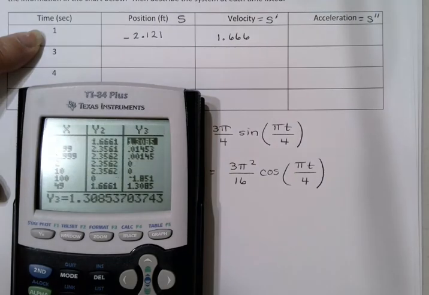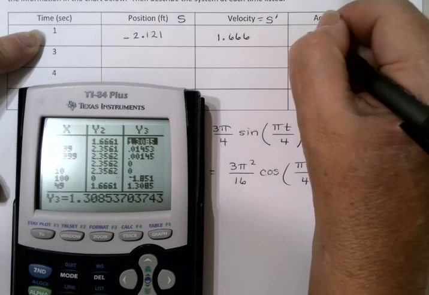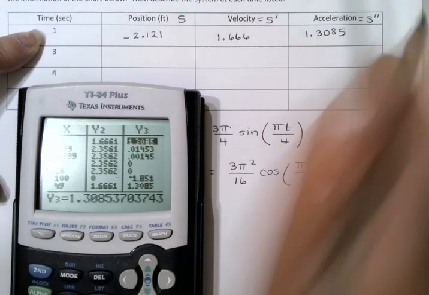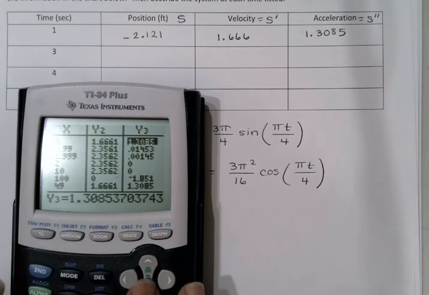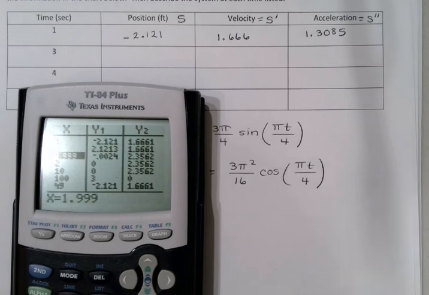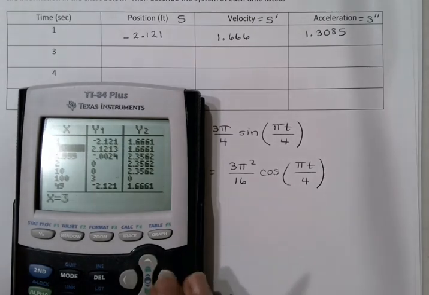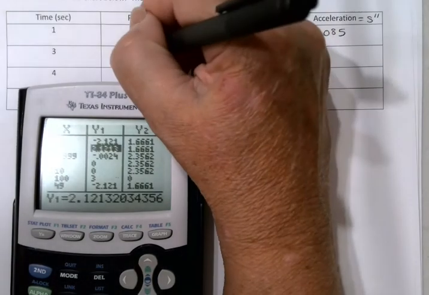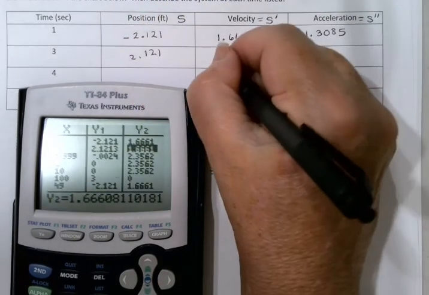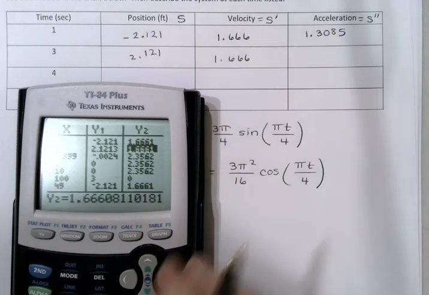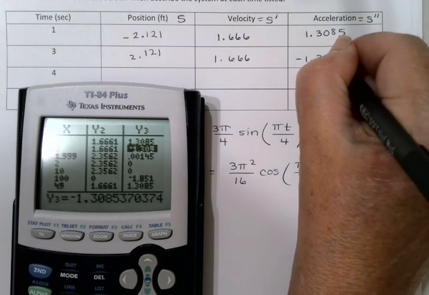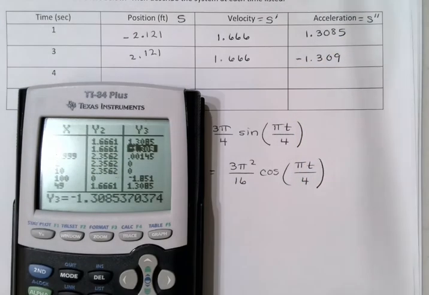And if I go over one more, the third one is acceleration, 1.3085. If I go on down, and the next time I want to put in is 3, and again, just going right across, position is 2.121. Velocity is again 1.666. And negative 1.309 for the acceleration.